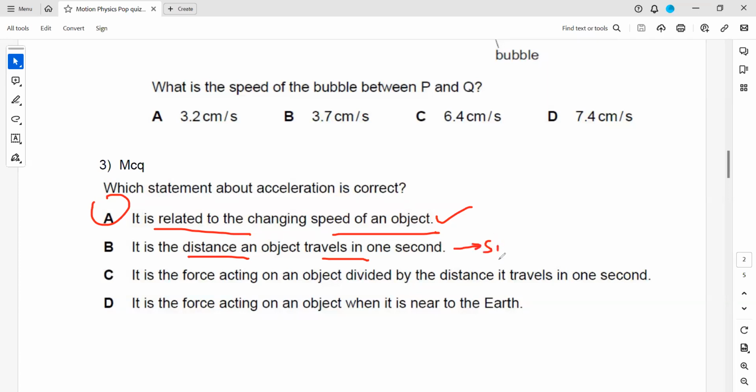That actually refers to speed, not acceleration. Option C is a force acting on an object divided by the distance traveled in 1 second. Force divided by speed does not give us acceleration, because acceleration is force divided by mass. And option D is a force acting on an object when it is near the earth. That's not about acceleration, that is about gravity. So A is the right answer, that shows acceleration.